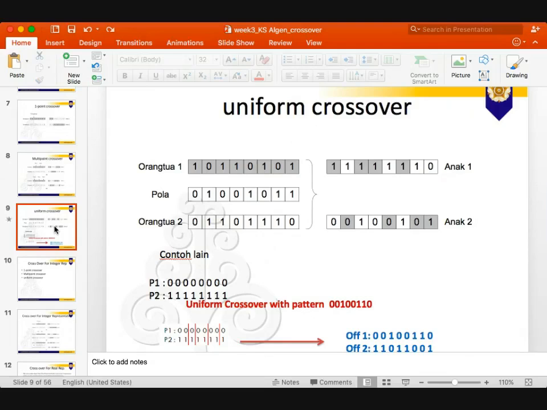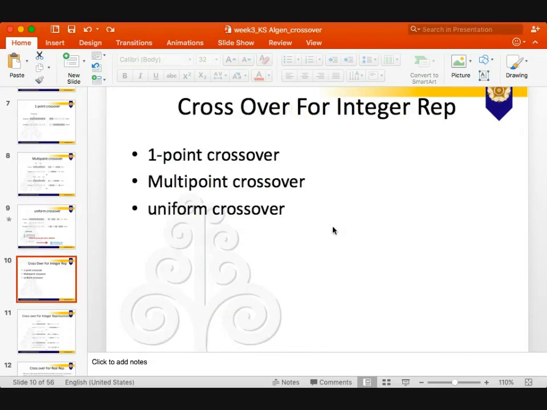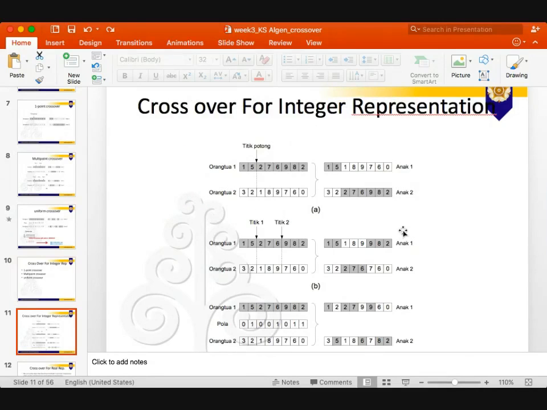That is the crossover for binary representation. Okay, next for integer representation. We have the same as the binary representation: 1-point, multi-point, and uniform crossover. The process is similar to the binary representation.